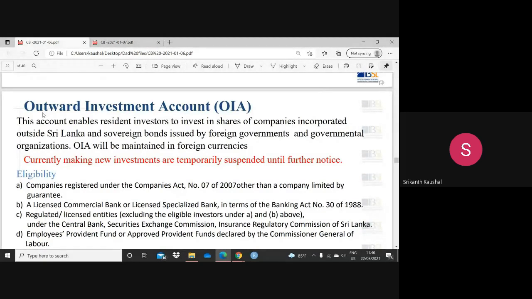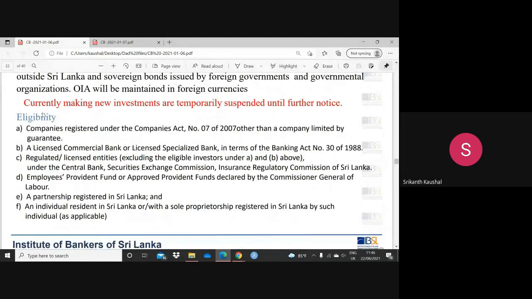No point opening LKR. So OIA account is always in foreign currency. Right? Who are the people? Companies registered under the Companies Act. It could be private, it could be public. Then commercial banks and specialized banks. Then employee provident fund, partnership, individual resident, including sole proprietor, all are eligible to open and invest.